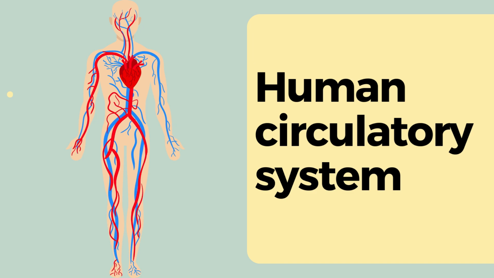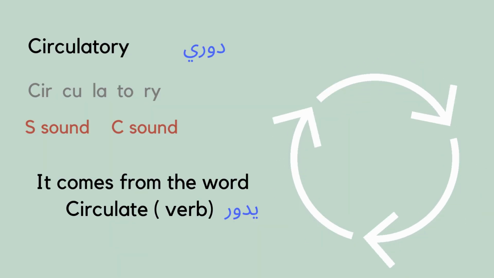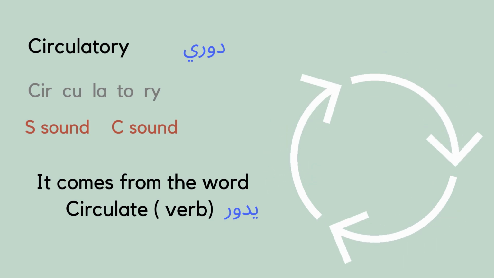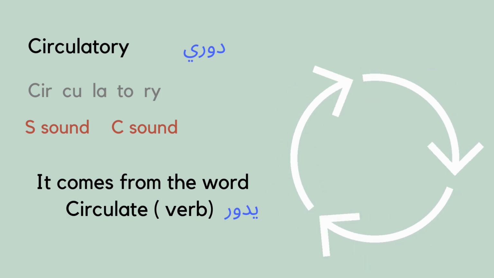Now we will move to talk about the human system, and the human system is called the human circulatory system, okay? What is the meaning of circulatory? We can divide this word into 5 syllables as we see here.